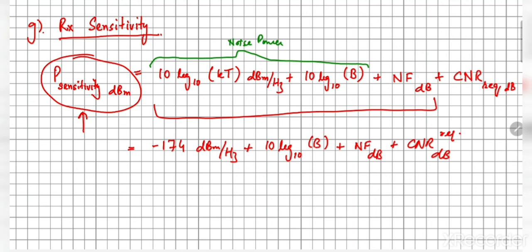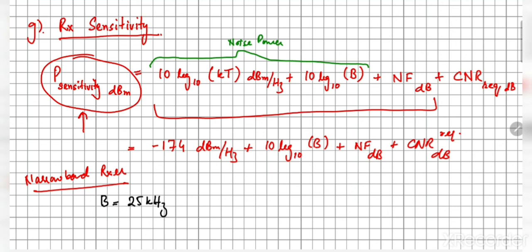As an example, I would like you to compute the sensitivity of a receiver with a bandwidth of 25 kilohertz. This is in the context of tactical or military communication.